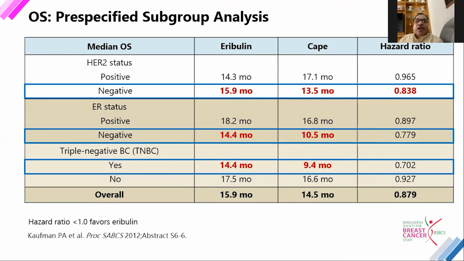So if we analyze the trial, Eribulin is better than capecitabine in HER2 negative, ER negative, and triple-negative cases.